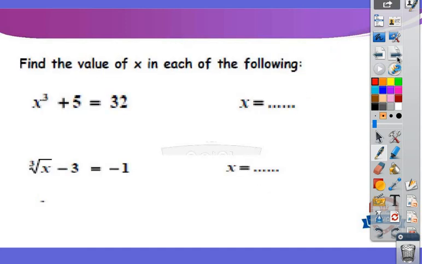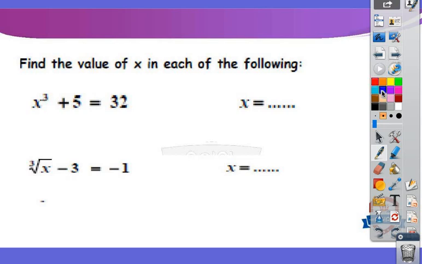The next, here I need to find the value of x in each of the following. X to the power of 3 plus 5 equals 32. In this equation, I need to find x.